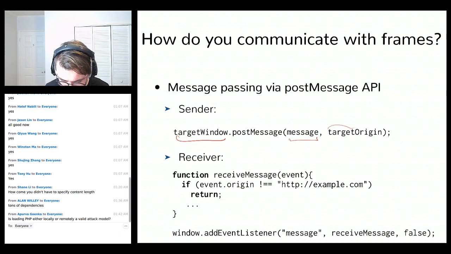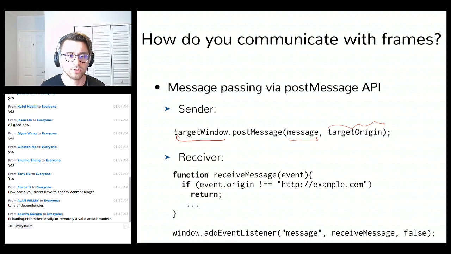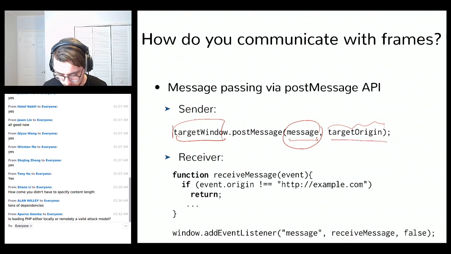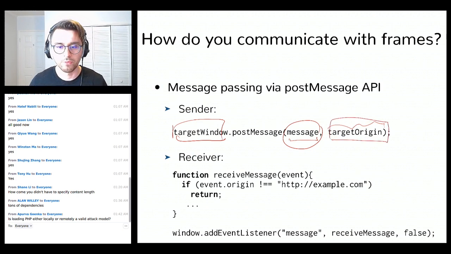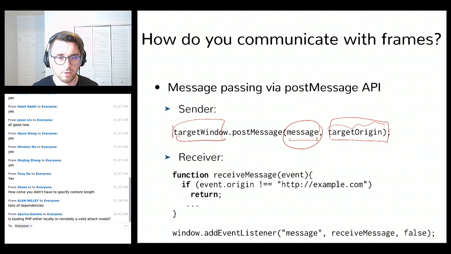And then you also specify here the target origin of the window that you're intending to send this to. We're going to get into why you need to specify this, but this basically says only deliver this message if the origin of the window is the origin that I'm giving here, right? So I might specify http://evil.com. Make sense? So this is for sending messages.